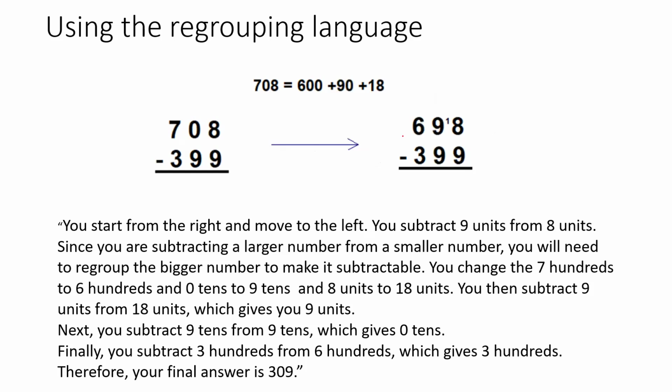So you can see that this number has been regrouped. Then from there, I just subtract 18 minus 9, which I'm going to get a 9. Then I'm going to have 9 tens minus 9 tens, which gives me 0 tens. And then I've got 600s minus 300s, which is going to give me 300, which is going to give me 309 as the answer.